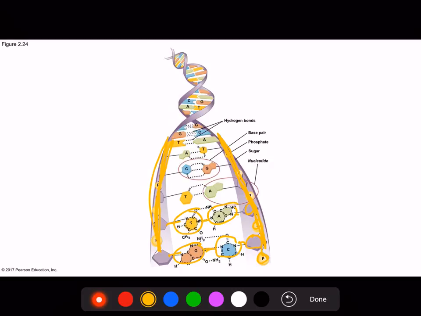So they will pair together. And as we said, the pairing will be T to A and G to C, or of course, AT, CG. It doesn't matter. But it's always going to be like this.